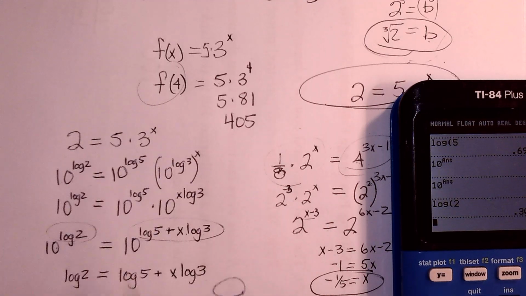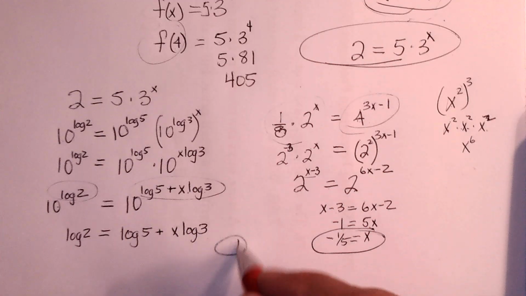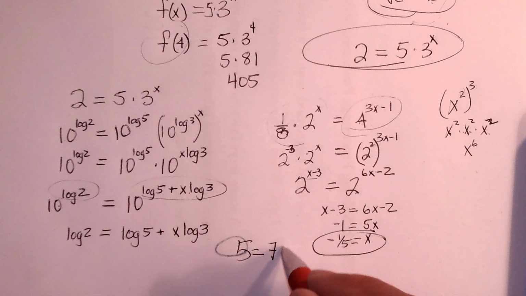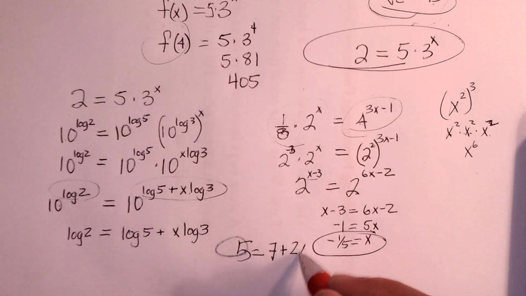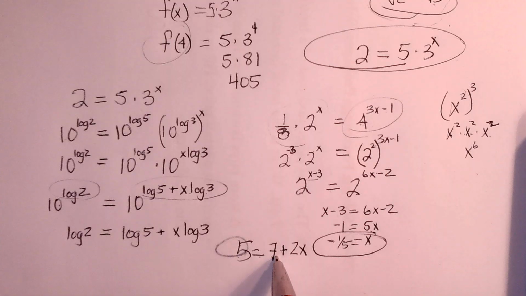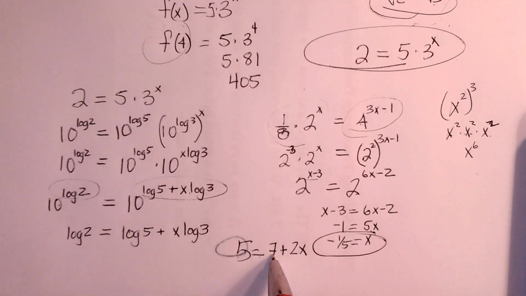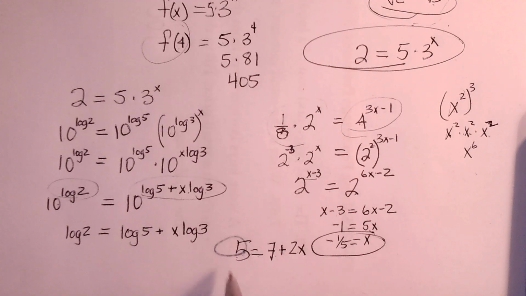Now, if I had an equation that said 5 equals 7 plus 2x, a number equals a number plus a number times x, just like I have here, I'd subtract the 7 off the 5, and then divide by 2.